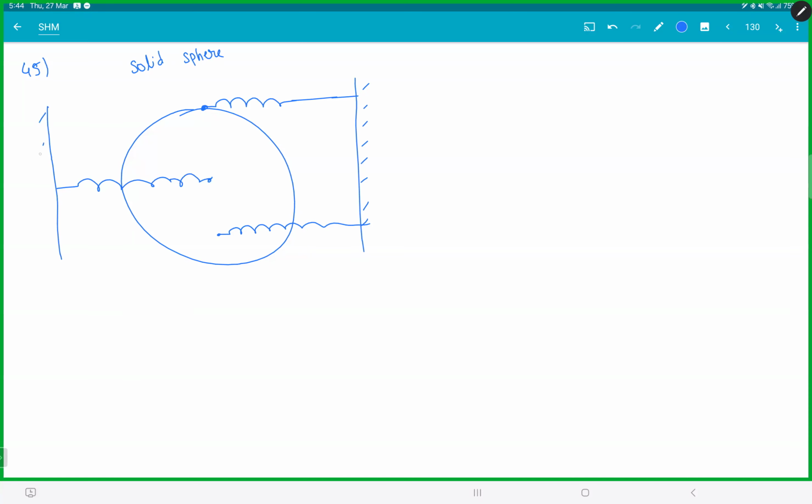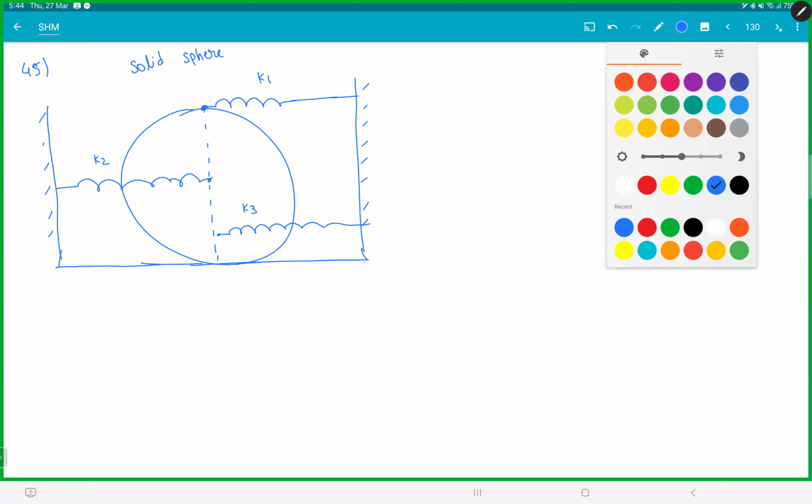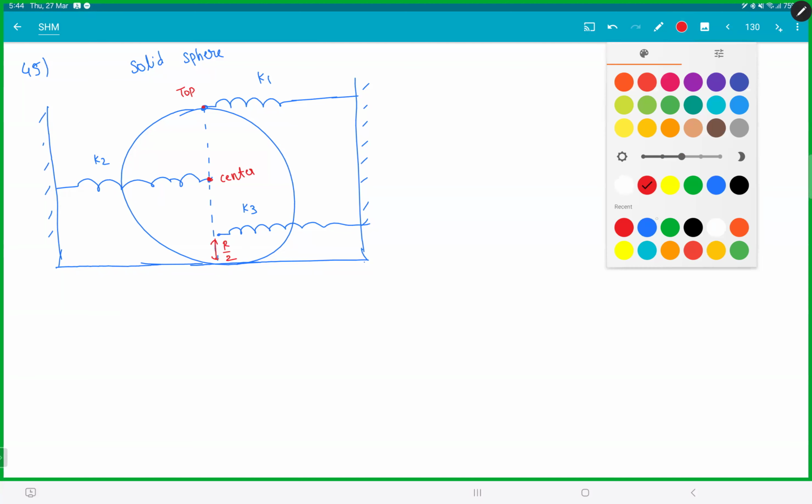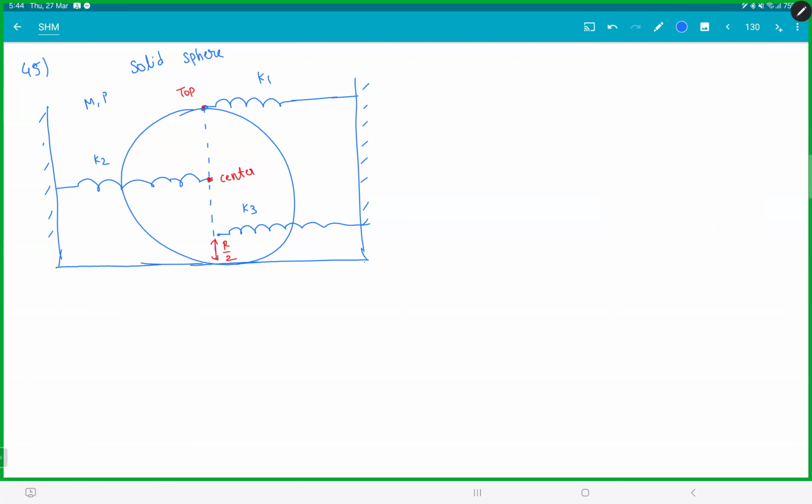Total 3 springs are there: K1, K2, K3. K2 is at the center, K1 is at the top, and K3 is R by 2 from the bottom. Mass is M and radius R.